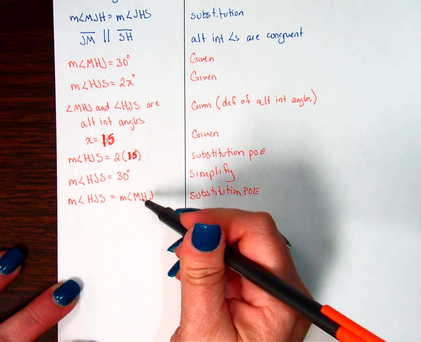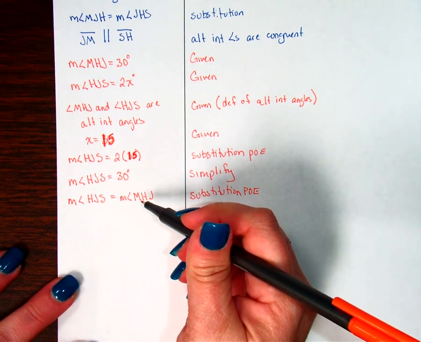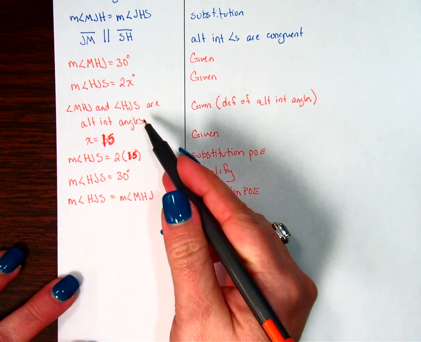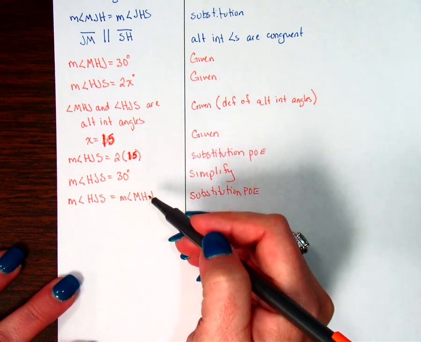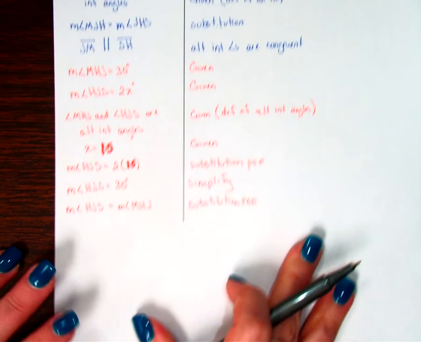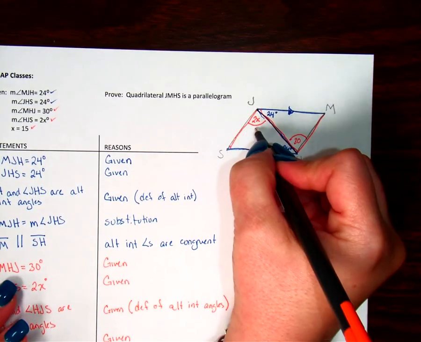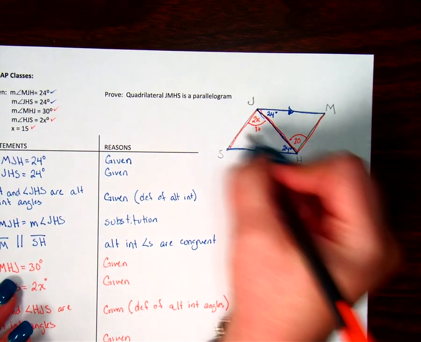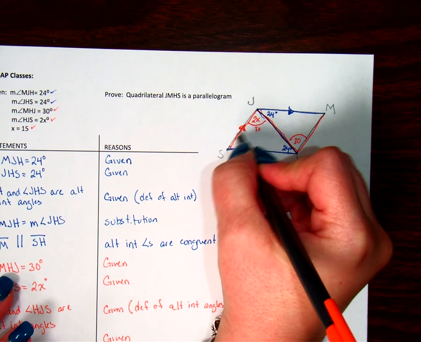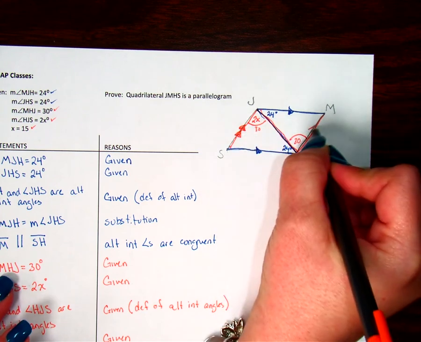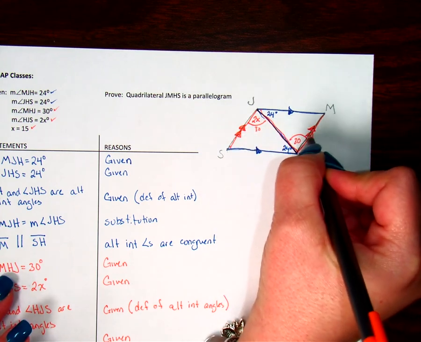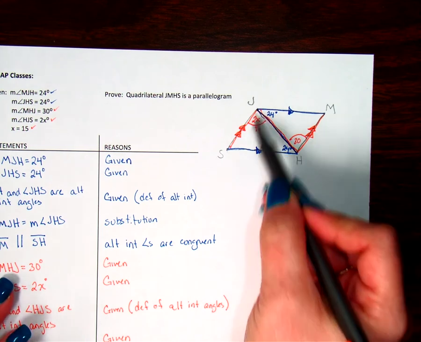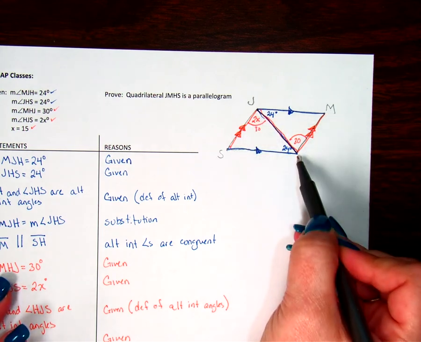Now I can say that these two sides, because my alternate interior angles have equal measures, that means they're congruent. I can say that since these are both 30, my alternate interior angles are equal, these two sides are parallel. JS is parallel to MH.